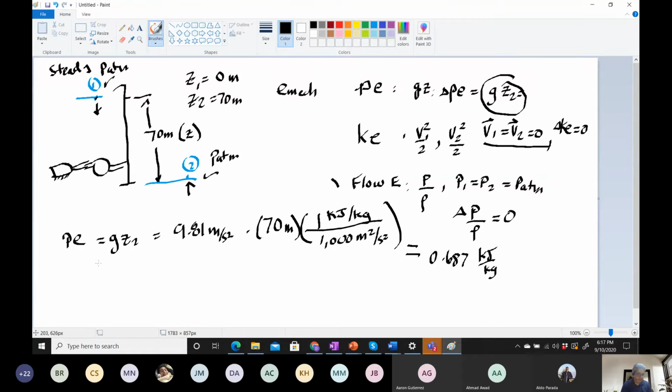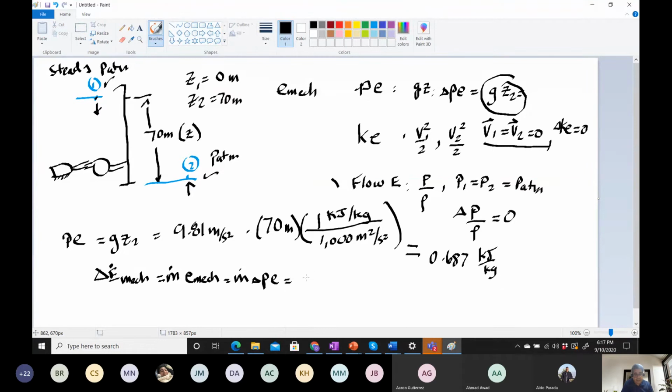Now to give us the true total energy, we have to multiply by the mass flow rate. Let's look at the change in the mechanical energy rate, because we want an answer in terms of kilowatts. It's equal to m dot times the little e mech, which is what we just calculated here, basically the change in potential energy.